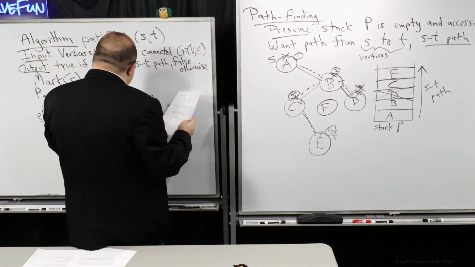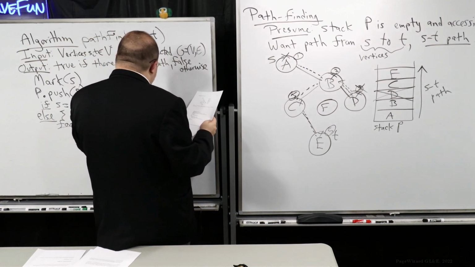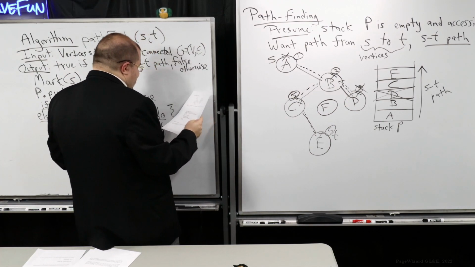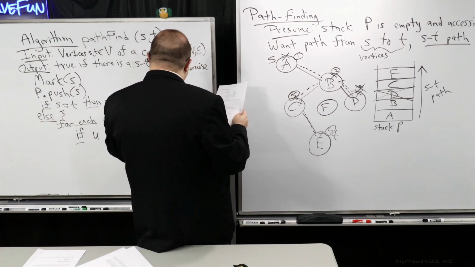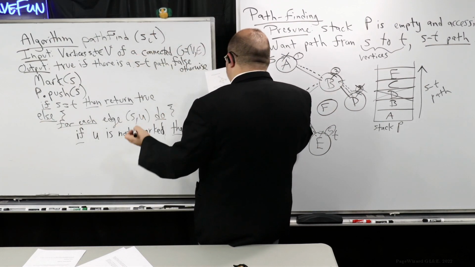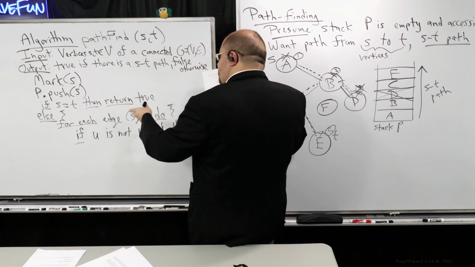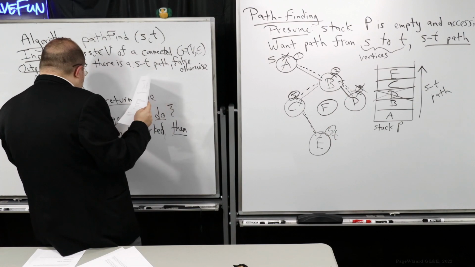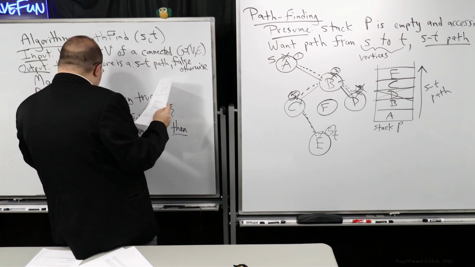So if U is not marked, because remember, we want to make sure this thing actually terminates in finite time. We need to make sure we don't simply keep redoing the same work over and over again. If U is not marked, then all we're going to do is call pathfind recursively. We're going to use the same trick we just did a moment ago.